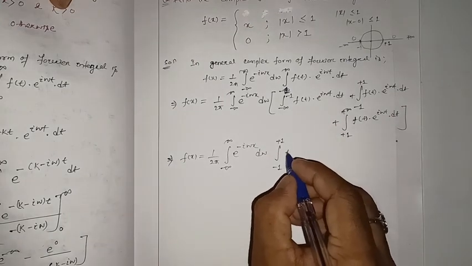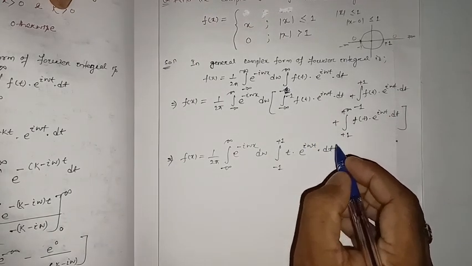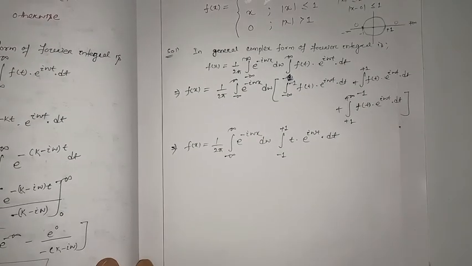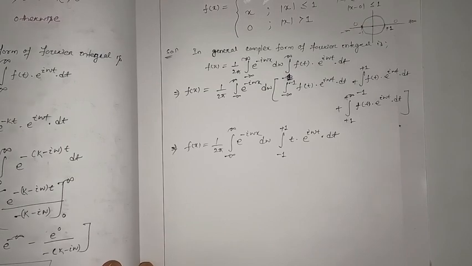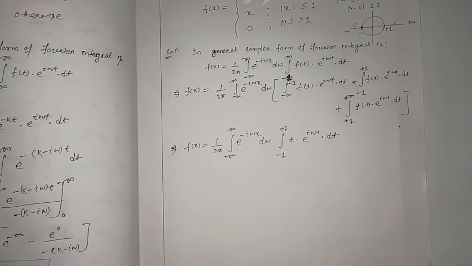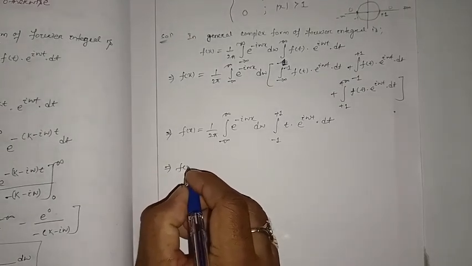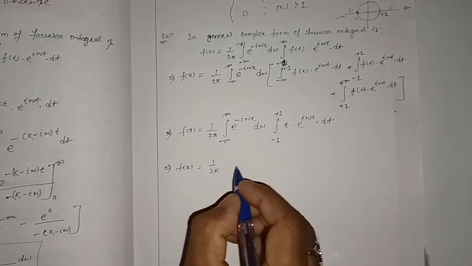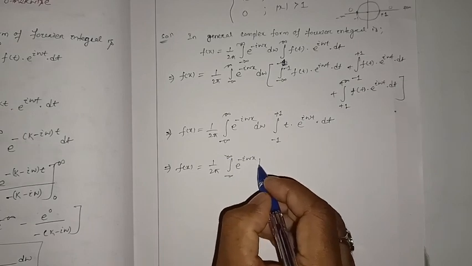Instead of f of t we have to put t into e to the i omega t dt, right? Next, that implies f of x equal to 1 by 2 pi, integral from minus infinity to plus infinity of e to the minus i omega x d omega.